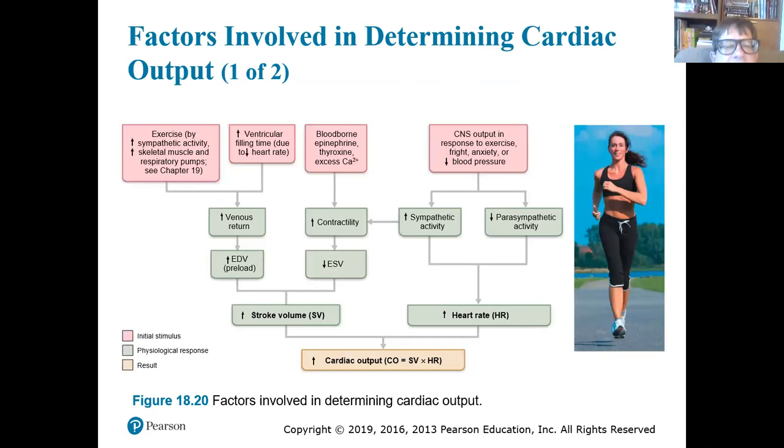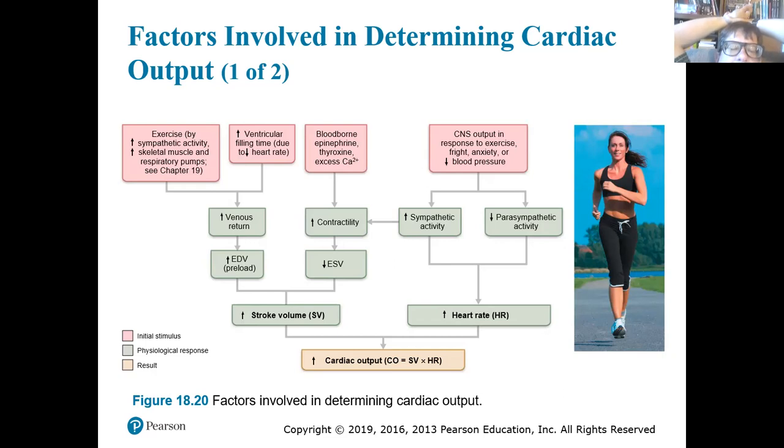All right, so if you want to increase your cardiac output, you could increase the heart rate or increase the stroke volume or do both. How do you change the stroke volume? You could increase the amount of blood coming into the heart through the veins.